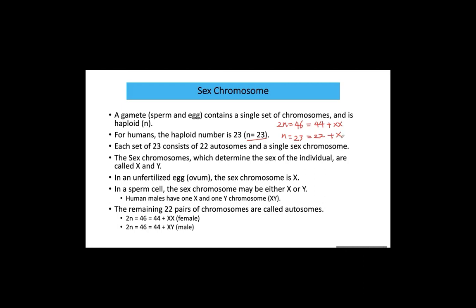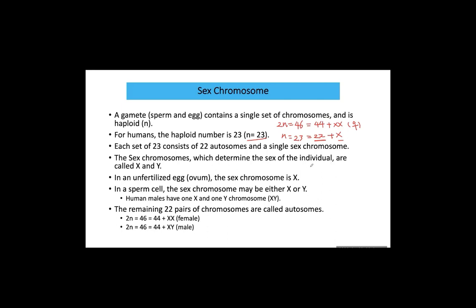in the egg. So each set of 23 chromosomes consists of 22 autosomes. Inside the chromosomes, except for the sex chromosomes, the rest are called autosomes. So 22 autosomes and a single sex chromosome. Okay. This is the case of a female. What about the male?